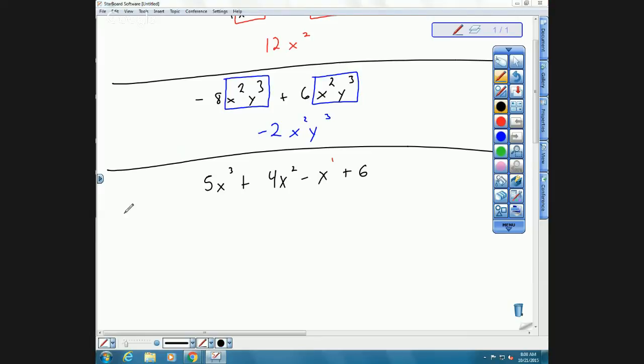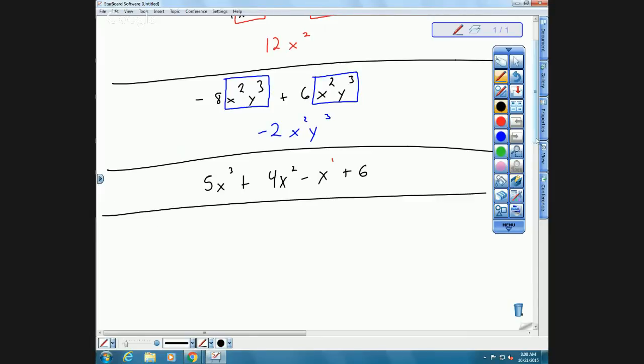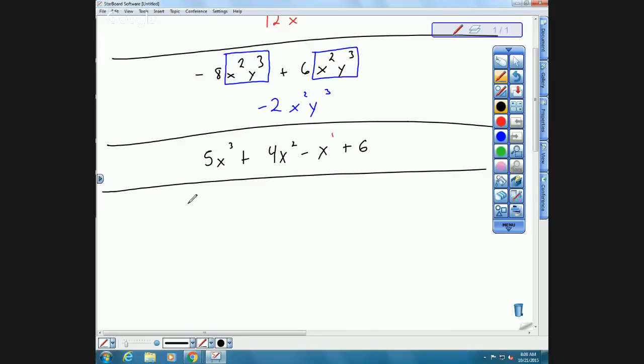There's a bunch of different types of polynomials, I guess. If you have just one term, that's called a monomial. If you have 2 terms, it's called a binomial. Mono means 1, bi means 2. If you have 3 terms, it's called a trinomial.